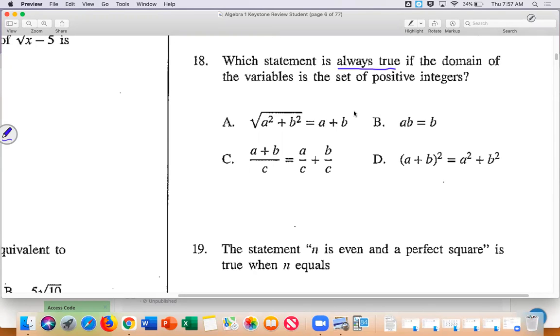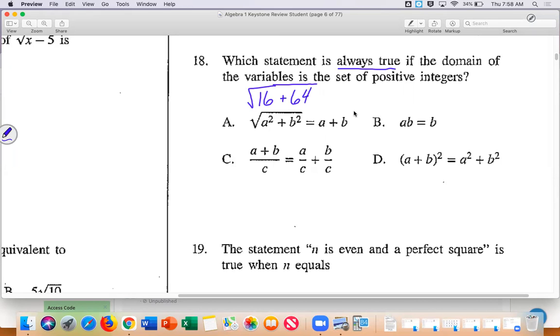Now, here, this says the square root of a squared plus b squared, okay? Equals a plus b. So what does 4 squared equal? What does 8 squared equal?